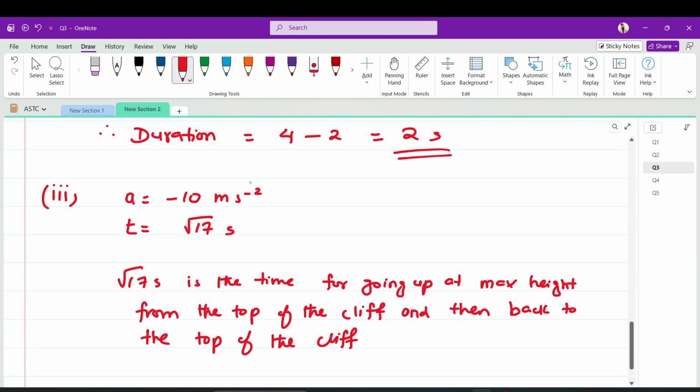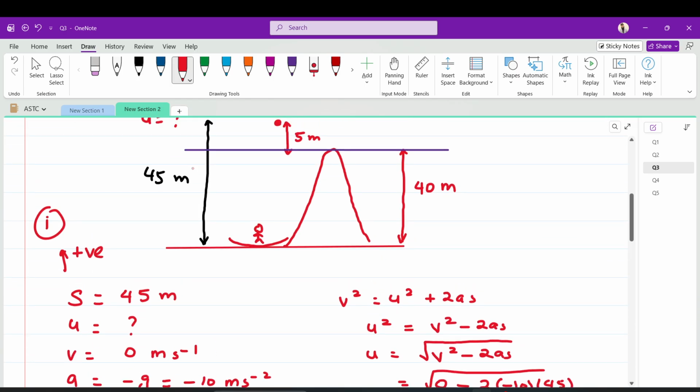Okay, this is a little bit tricky, so let me copy down this diagram.